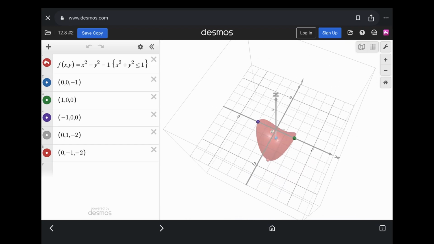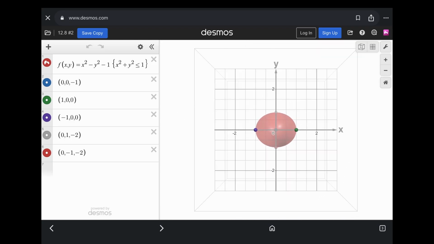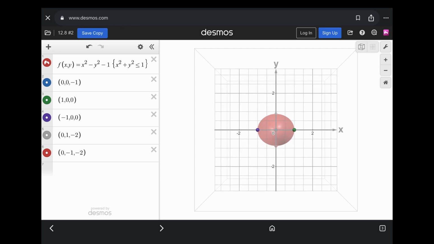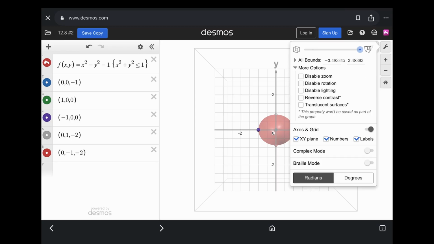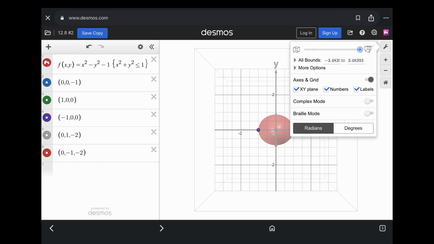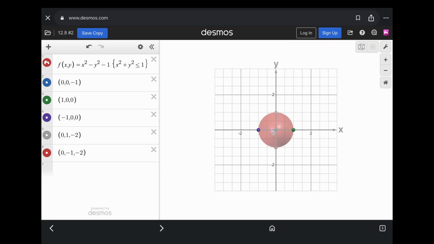Now we're looking at our equation, and one thing you can do on Desmos that's nice is you can zoom it out kind of nicely to see it. And in this case, this is looking a little bit off. Yeah, make it a perfect circle right here.